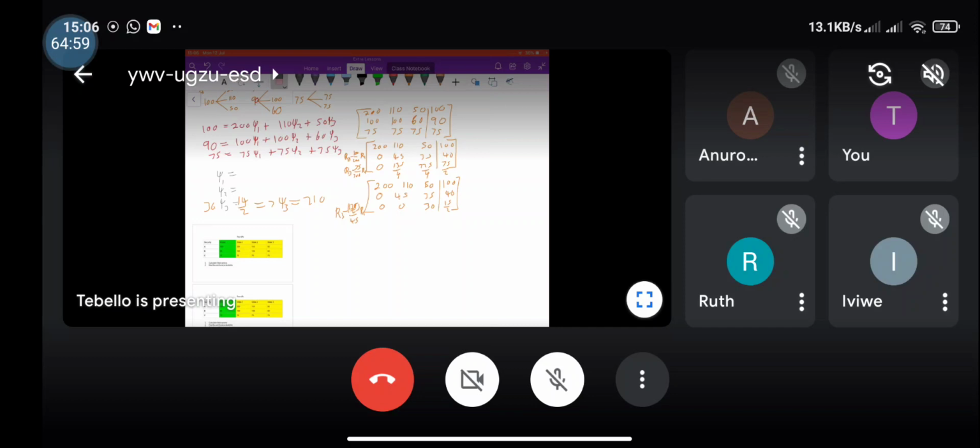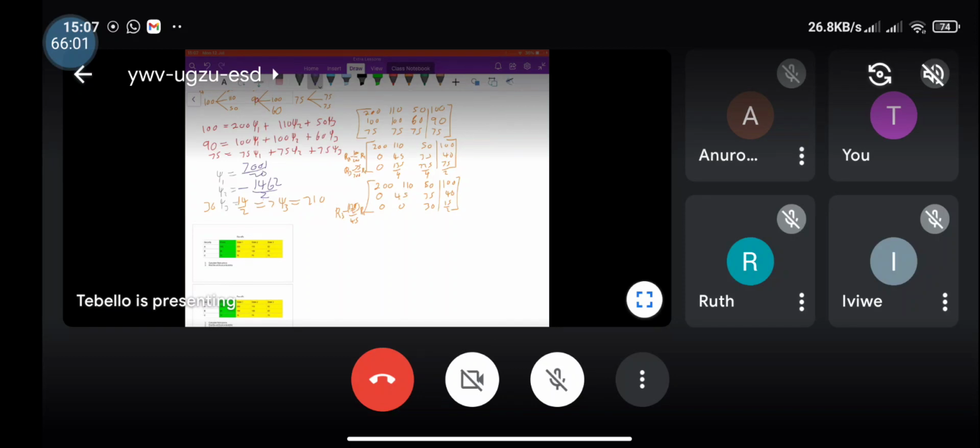You have negative 1462 over 2, and then for this one you will have 7001 over 20. So these are your state pricing.